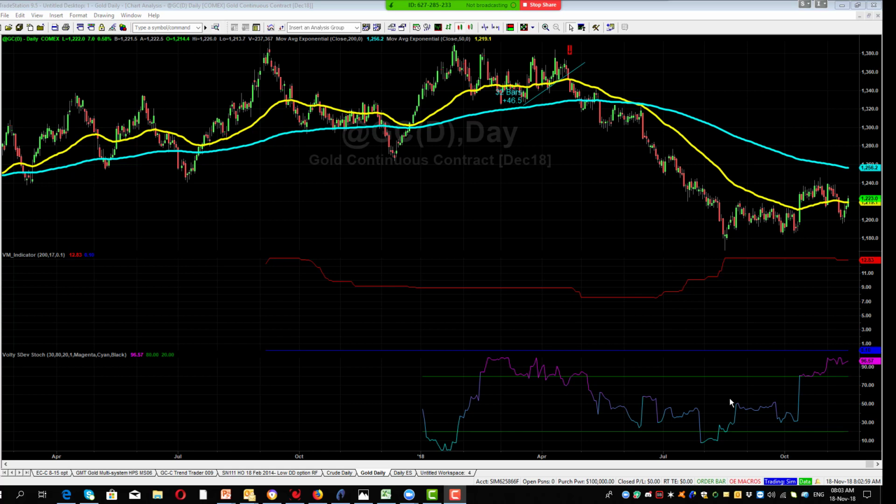We've also got another volatility indicator, our volatility stochastic, and you can see we've got lines drawn at 75 and 20. If this indicator sits high on this chart, and it's at 96.57, that's extremely high volatility.